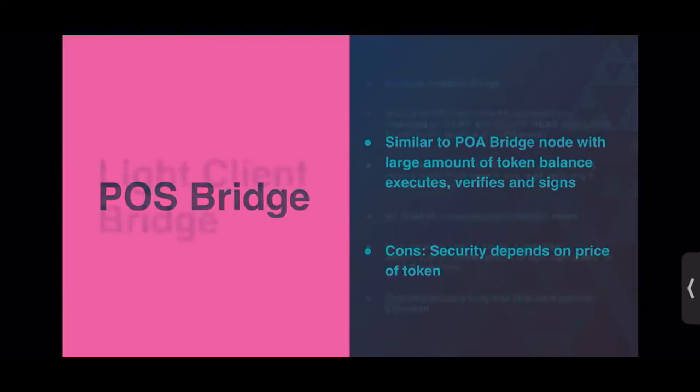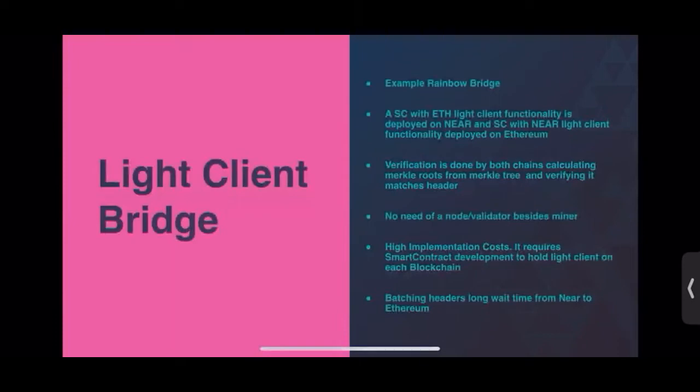Now, when it comes to light clients, the example would be the Rainbow Bridge. Number one, a smart contract with a light client functionality. For example, that functionality is deployed on Near protocol, and then the smart contract with Near protocol-like functionality will be deployed on Ethereum. So how that works is the verification is done on both chains, calculating Merkle roots from the Merkle tree, and then verifying that it matches the header.